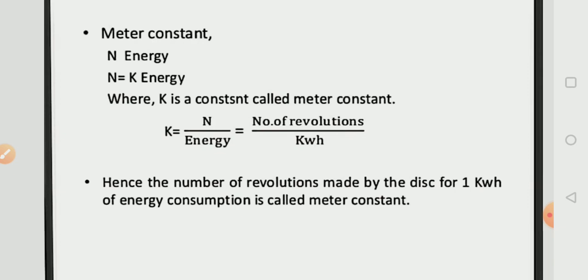We can write N equal to K into energy, where K is the meter constant of the energy meter. So K equal to N upon energy, where N is the number of revolutions and the energy unit is kilowatt hour. Hence the number of revolutions made by the disc for 1 kilowatt hour of energy consumption is called the meter constant.